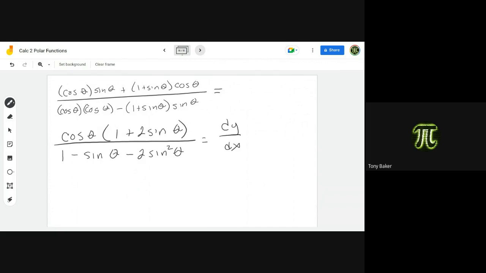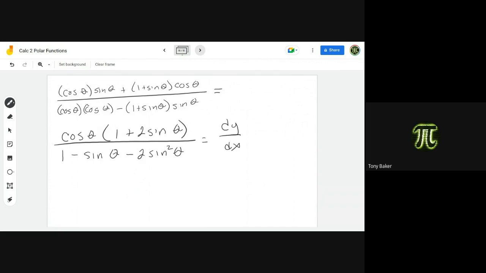What if I wanted to find a horizontal tangent? How would I do it? It's basically when the derivative is 0.